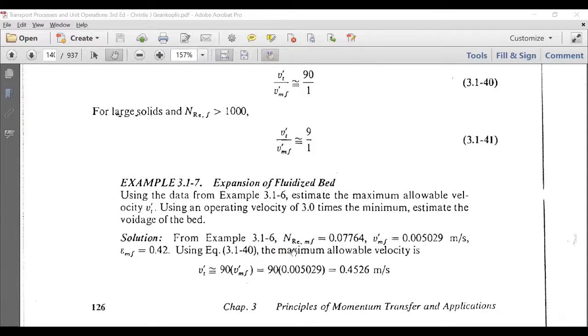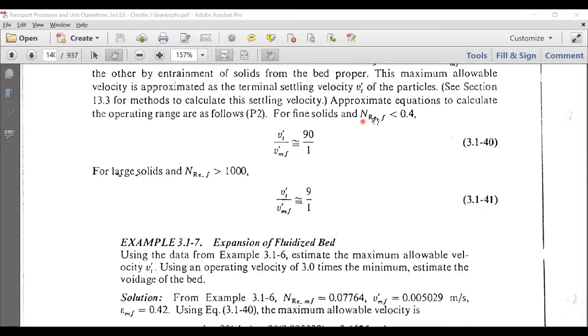But this is not NRe,f. This is for NRe,f less than 0.4, but this is NRe,mf, it's not NRe,f. So actually you cannot say that we can use this one.